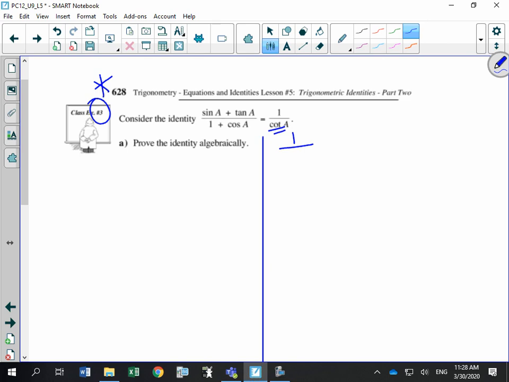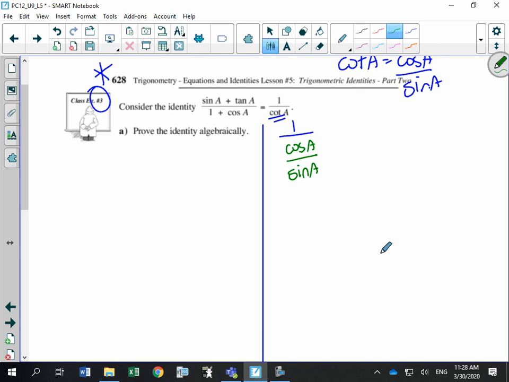So cotan, remember, is the cos of A over the sine of A. So that's 1 divided by the cos of A over the sine of A. And 1 divided by this is the same thing as 1 times the reciprocal. So the reciprocal of the cos of A over sine of A is going to be sine of A over cos of A. So for the left-hand side, I either want to get that answer or this answer, right?